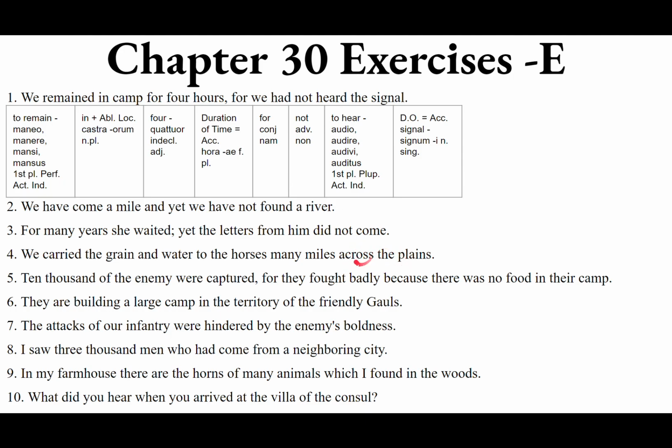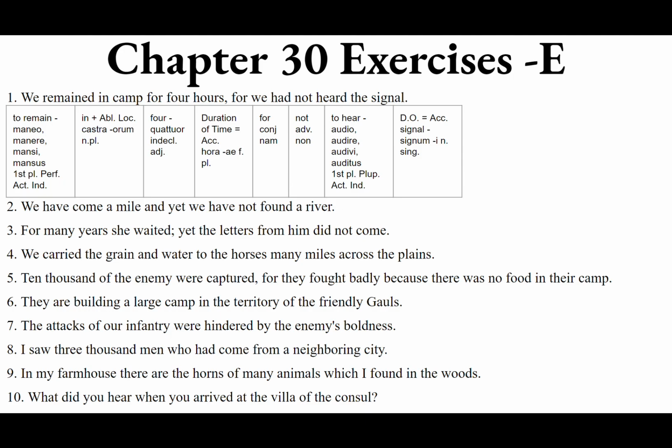Trans means across, plus the accusative of campus, masculine, and that is going to be campos. Trans campos. So the sentence could be something like frumentum aquamque ad equos multa milia passuum trans campos portavimus. You could also say frumentum et aquam.